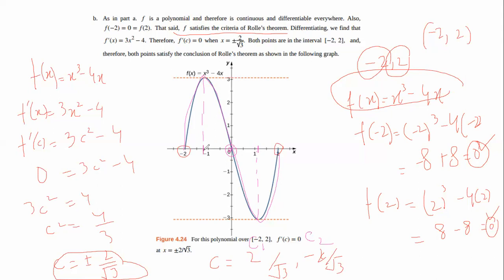This is basically this point, negative 1 point something. Okay, because the value 2 divided by under root 3 will be greater than 1 and negative 1 respectively. This is how we find the values by using Rolle's theorem and a graph for this polynomial over the interval negative 2 and positive 2.